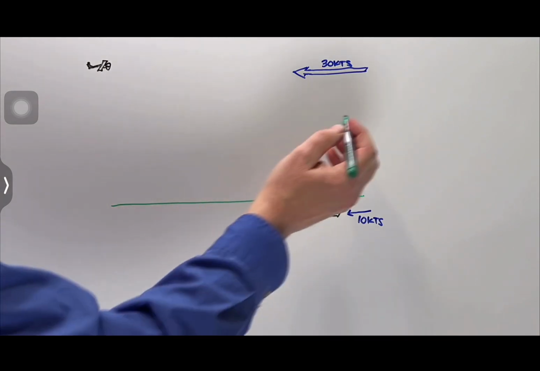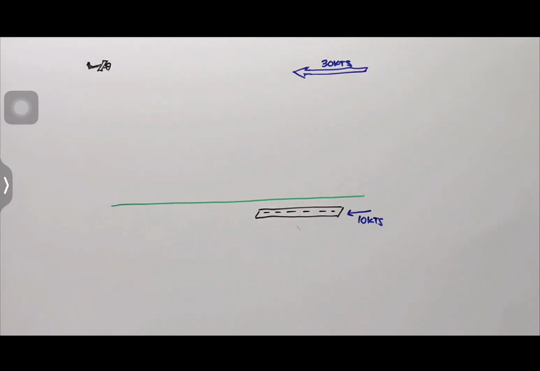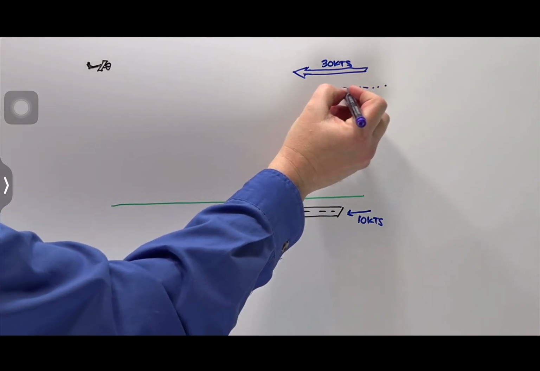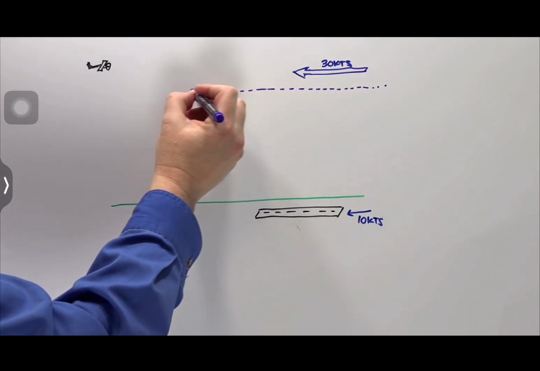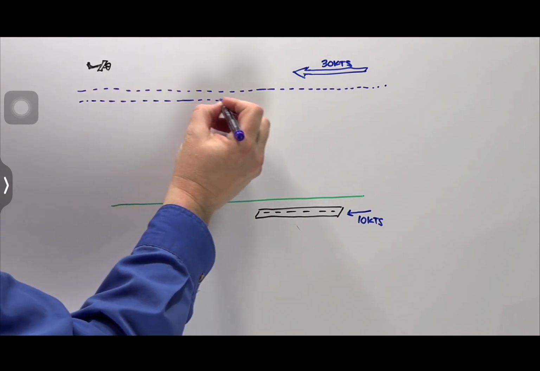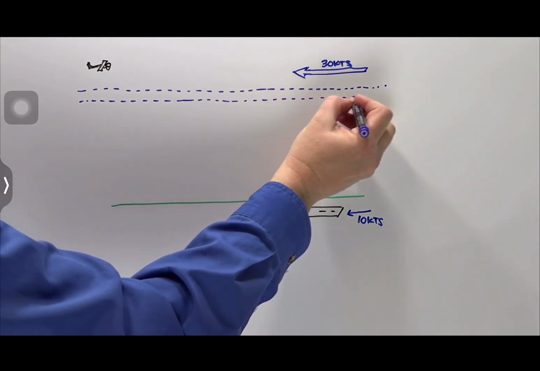Let's say this shear zone is somewhere in through here, and I'm going to make it a very small layer because typically they're not all that thick.